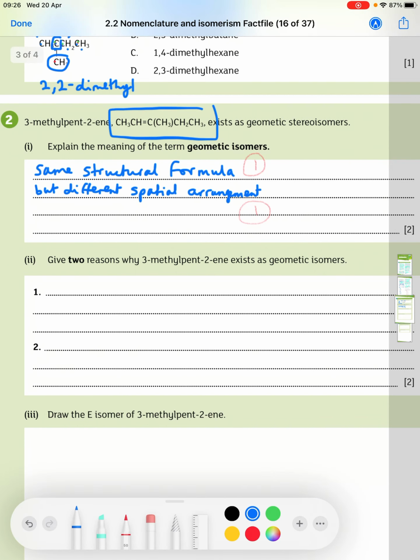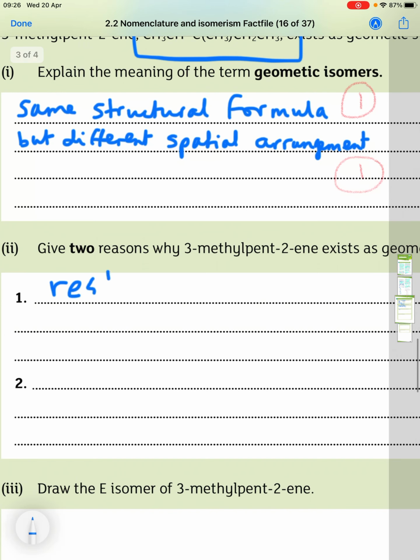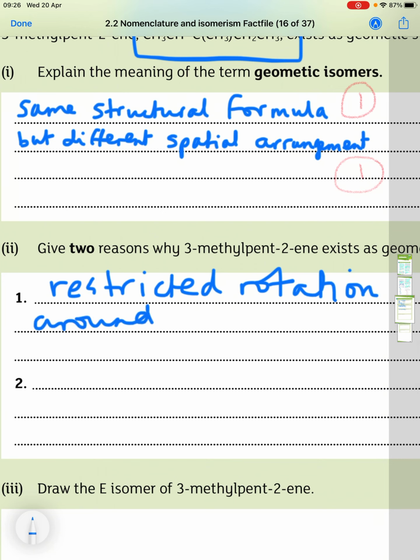Give 2 reasons why this compound 3-methylpentene exists as geometric isomers. So the first reason is the restricted rotation around the carbon-carbon double bond.